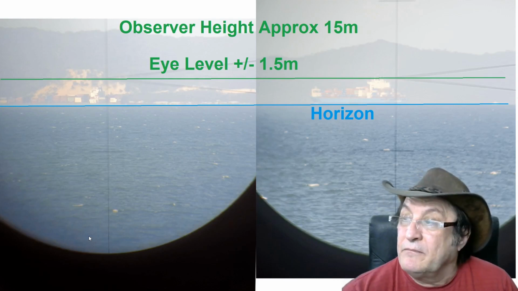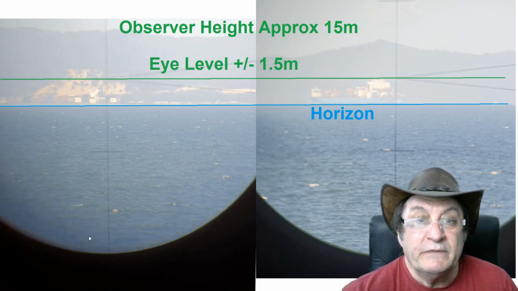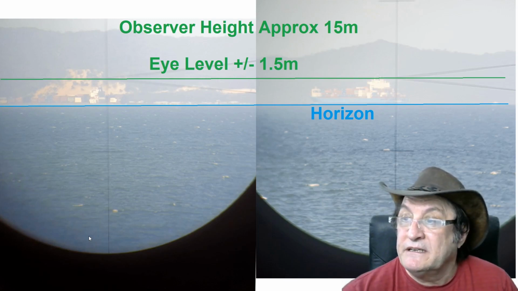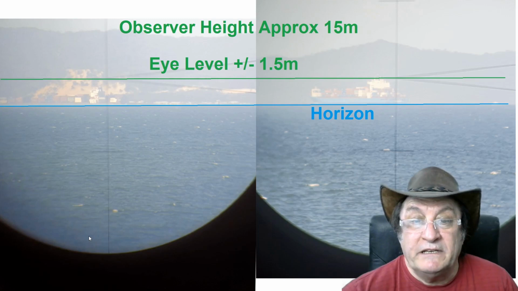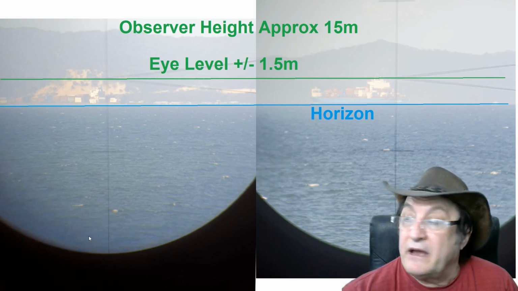Now, the auto level, I checked its calibration, and I'm going to be a little bit generous here and say that it could be out by as much as 1.5 metres. And in a 40-metre ship, that's a relatively small amount. And I say could be out.